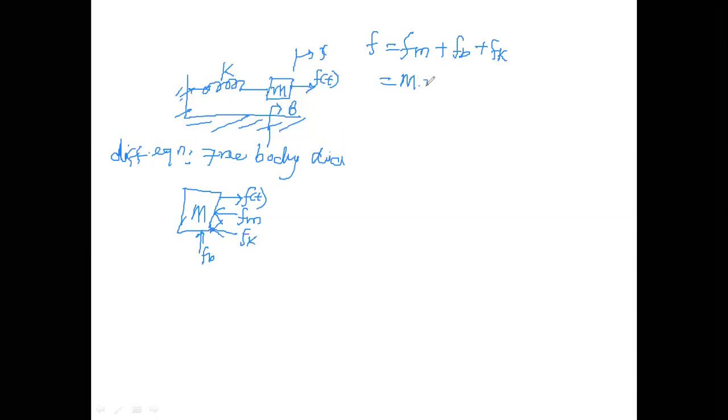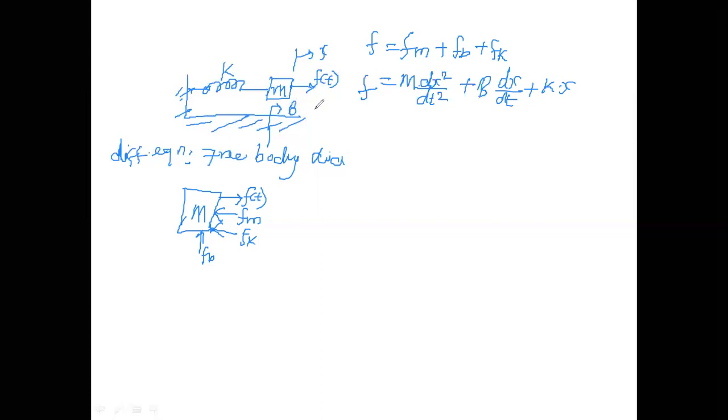Plus for the frictional element, the dashpot element, it is b into dx by dt. Plus for the spring element, it is k into x. So now you have written this differential equation for this mechanical translational system.